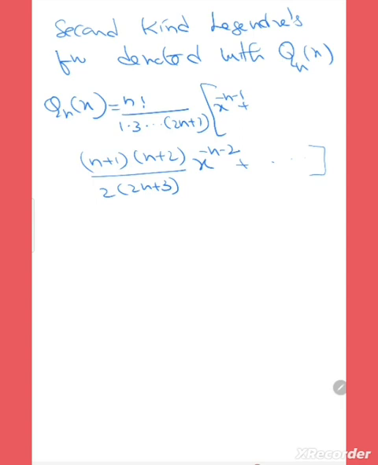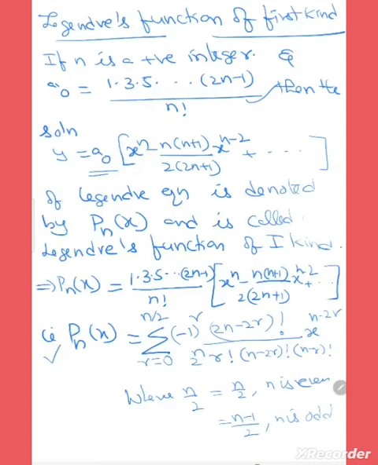Throughout this chapter he never gave a detailed explanation about the second kind. It means that most of the study in this chapter is on the first kind only. So you need to remember this value only. Pn of x is the summation of minus 1 to the power of r into 2n minus 2r factorial, divided by 2 power n into r factorial into n minus 2r factorial into n minus r factorial into x to the power of n minus 2r.